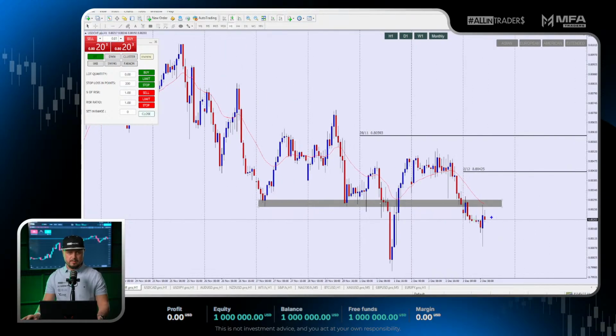So I'm not sure, we might see another try of buyers to break through this area. Basically, we need a bearish candle to close under. So right here we have reaction.